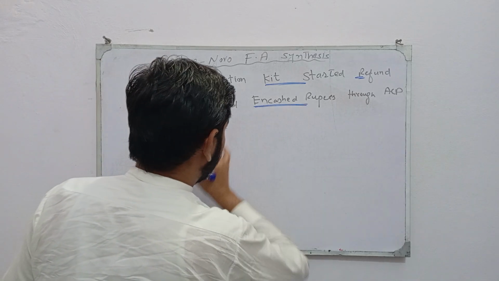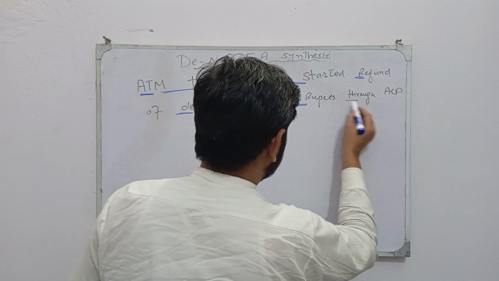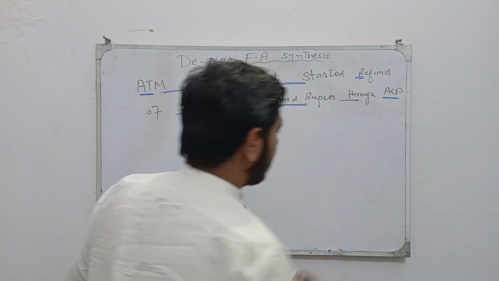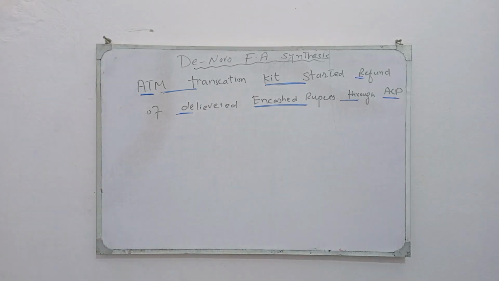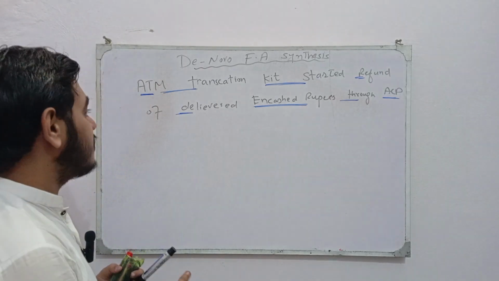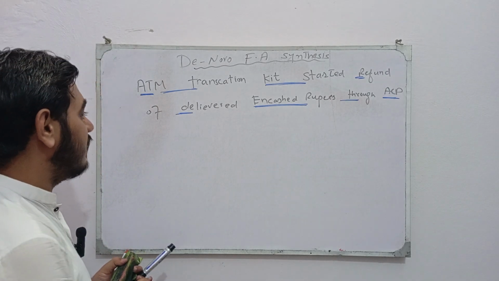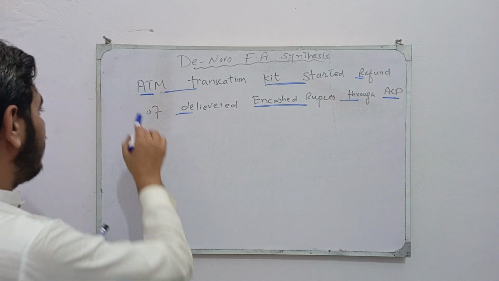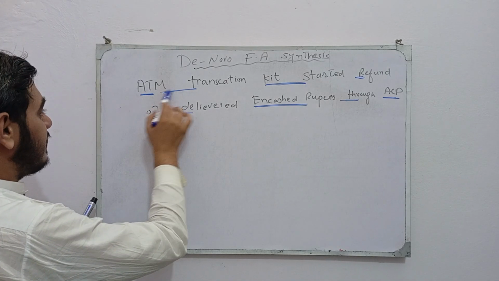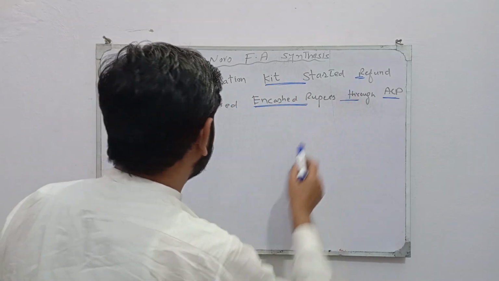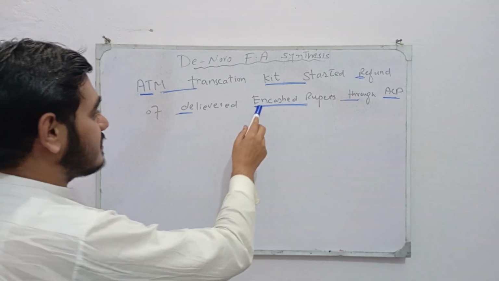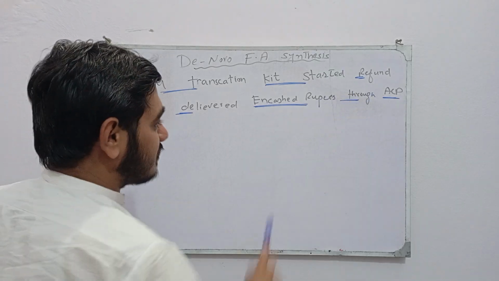ER means enoyl reductase. T means thioesterase, and this is the acyl carrier protein. This is a very important mnemonic: acetyl transacylase, malonyl transacylase, ketoacyl synthase, ketoacyl reductase, dehydratase, enoyl reductase, thioesterase, and ACP.